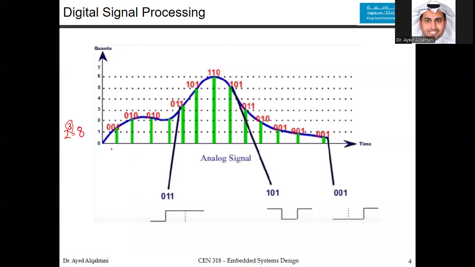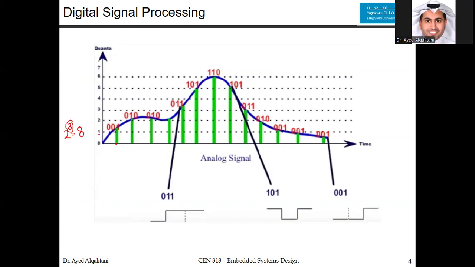So we should define a certain period. This would be called the sampling period, where we will sample this continuous signal periodically. This distance here should be the same all across the time axis. So now at this time, if we check the value of the continuous signal, we have to round its value to the nearest level.